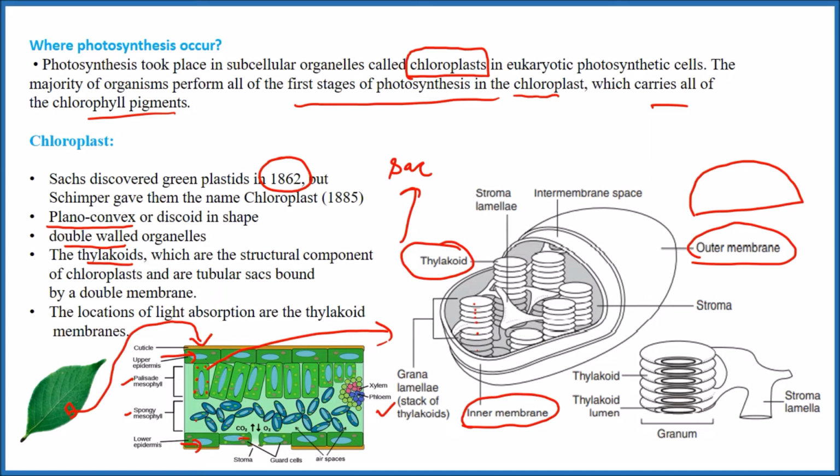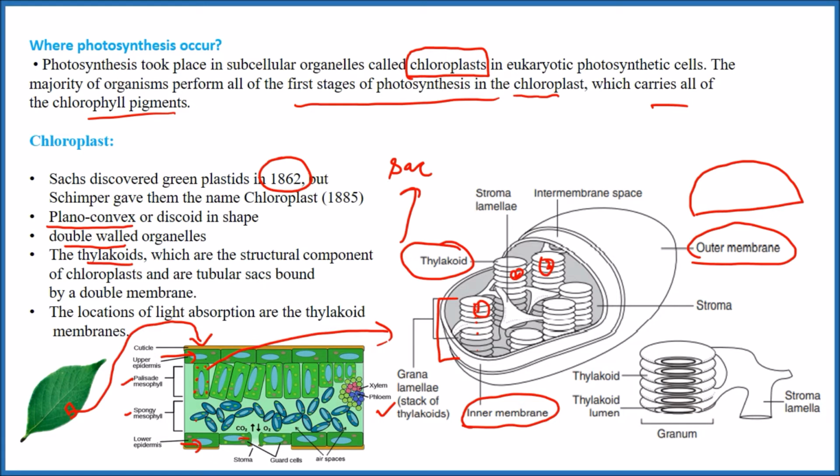The stack of thylakoid is called grana. Singular is granum. If we talk about a single stack, we call it granum, and if we talk about more than one stack, 1, 2, 3, then it is called grana.